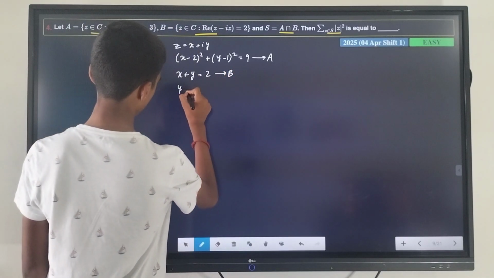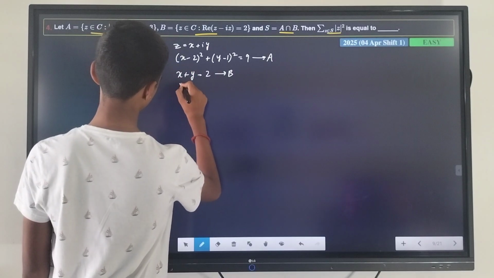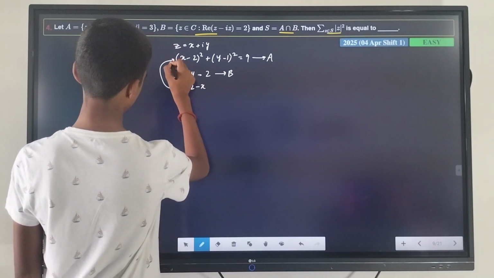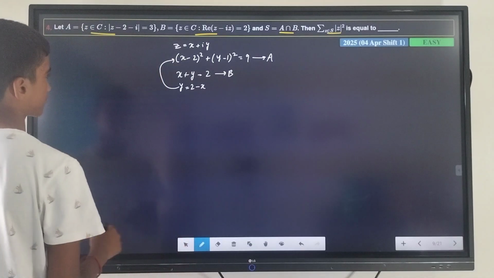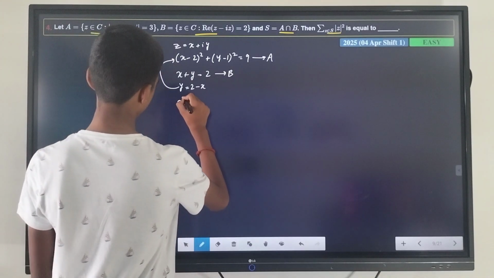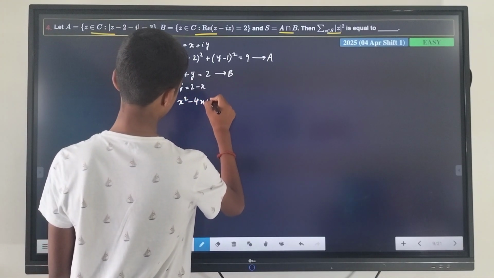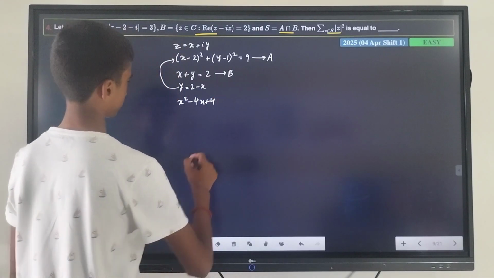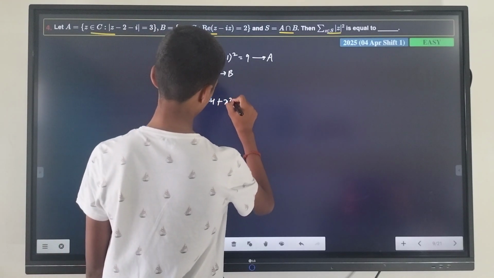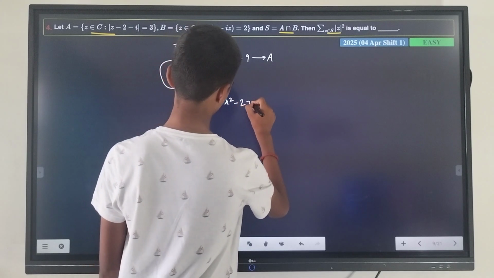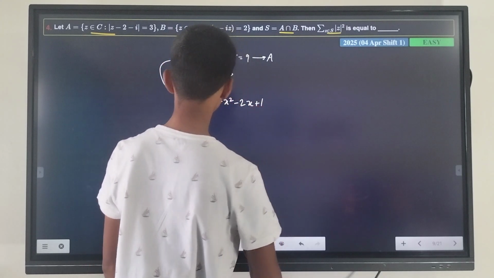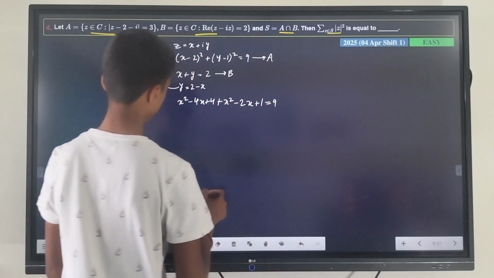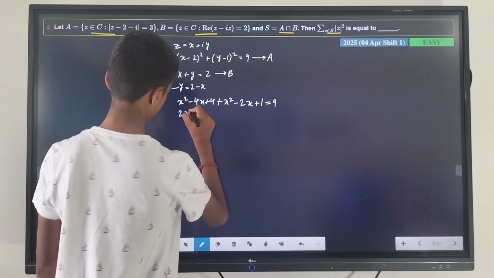Now we can say Y is equal to 2 minus X. Substitute in the circle, we will get x square minus 4x plus 4, plus, this will be 1 minus x, so x square minus 2x plus 1 is equal to 9.